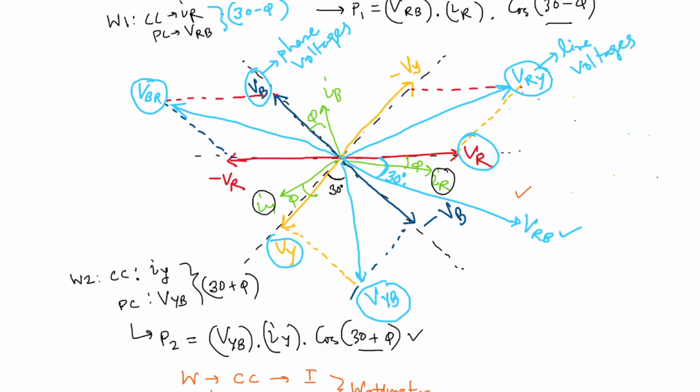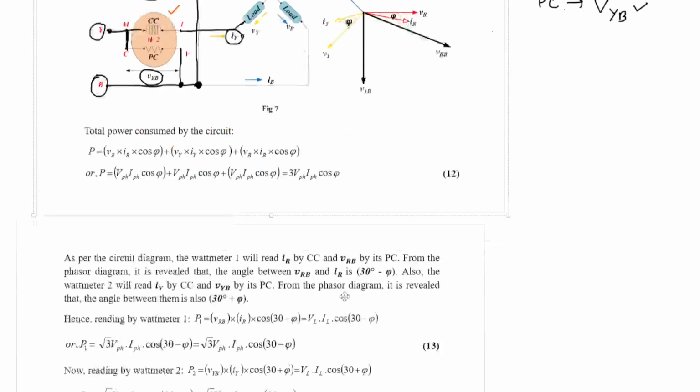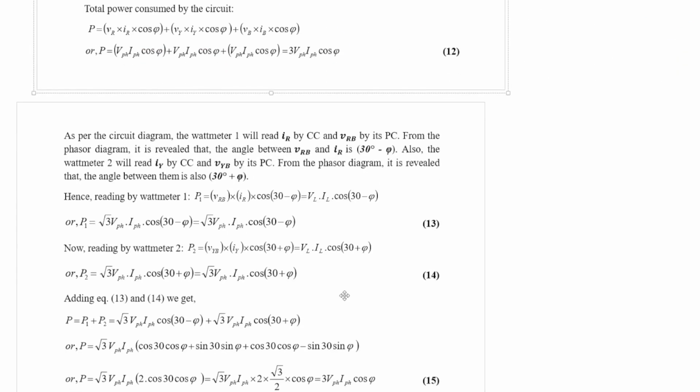So we have understood that the reading of wattmeter 1 is VRB into IR into cos 30 minus phi. Now VRB is line voltage, so we write VL. IR is the phase current, but in a star connection line current becomes phase current, so IL is written, and the angle between them is 30 minus phi.